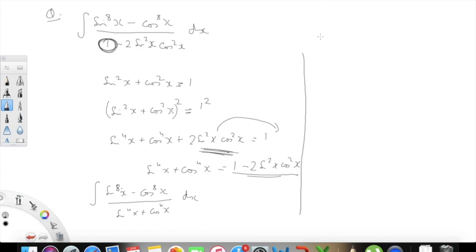We can factorize the numerator. It's sine to the power 4x minus cos to the power 4x, right? And sine to the power 4x plus cos to the power 4x. The denominator remains the same and they cancel out, right?